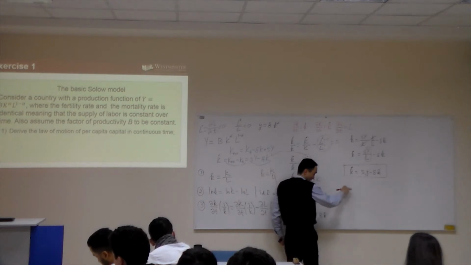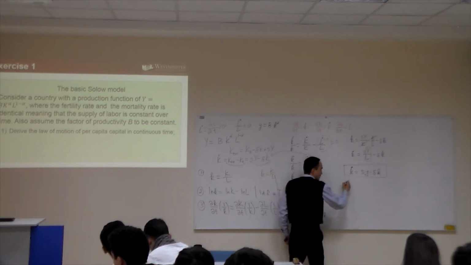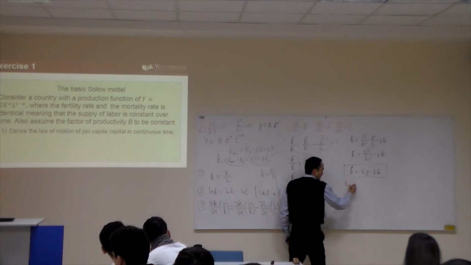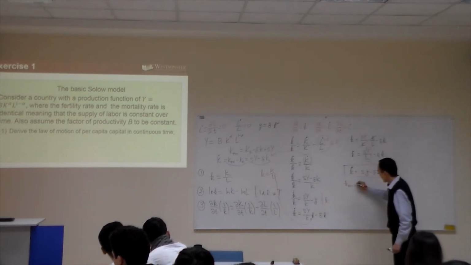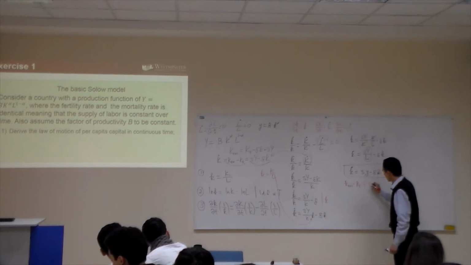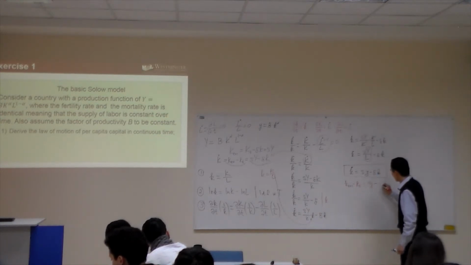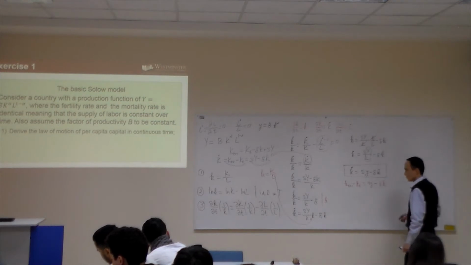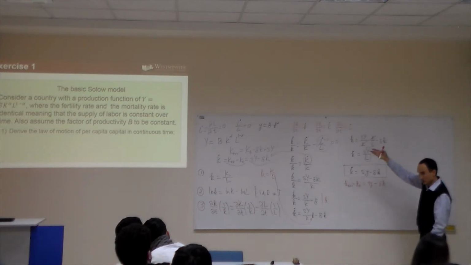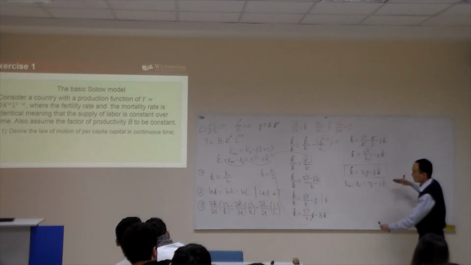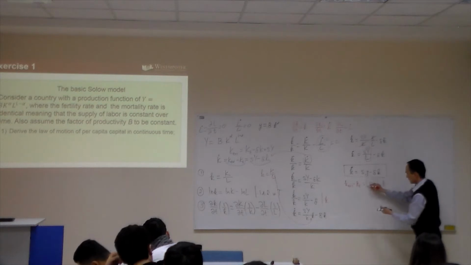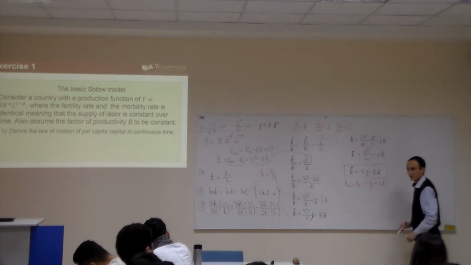You don't have to write this one because you have it. So per capita capital in year T+1 minus per capita capital in T was investment minus depreciation. It was like this. If you compare the law of motion derived in discrete time and in continuous time, it is the same. No difference.